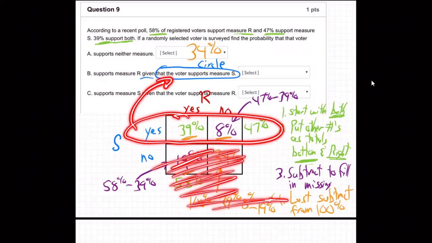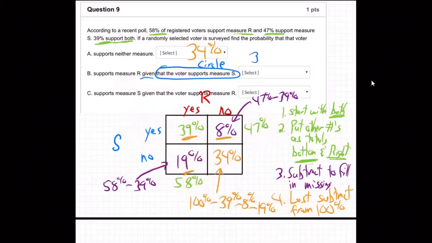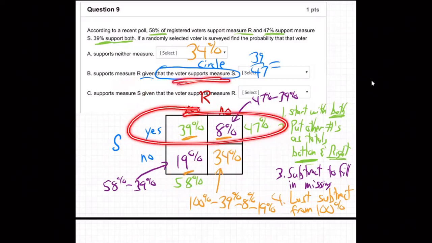So out of those people, what's the chance they also support R? It's going to be 39 out of 47. So you got to divide that on your calculator. Everybody see what I did there? Because I circled the yes. Now I was given that they are yes on S. They support S. So that's 47 becomes the total on the bottom. 39 also support R. They're yes on R also, right?